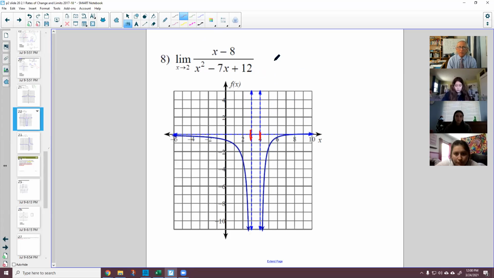So I'm guessing that this can actually be rewritten as x minus 8 divided by (x minus 3)(x minus 4), because I have a vertical asymptote at x equals 3 and x equals 4, which indicates to me that I would get these two factors in the denominator. Am I making sense here?